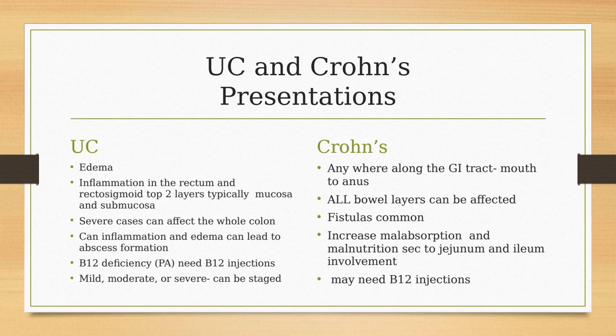Remember, one job of the large intestine is to reabsorb water, electrolytes, nutrients, vitamins, and minerals. So even though you might see more of a pernicious anemic state with Crohn's disease, it can have the same outcome with ulcerative colitis.